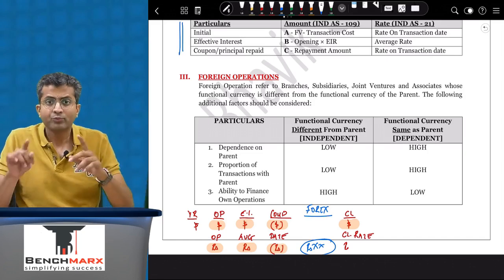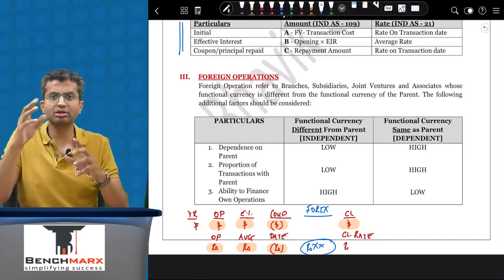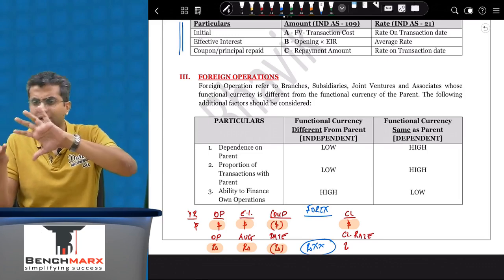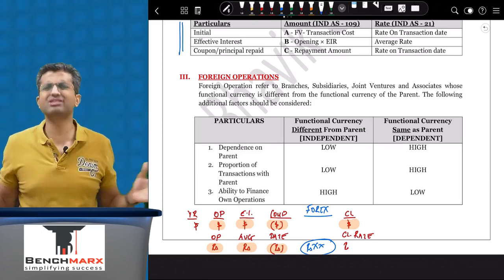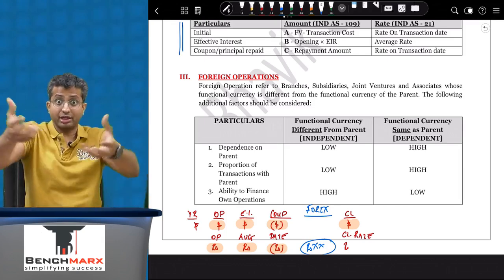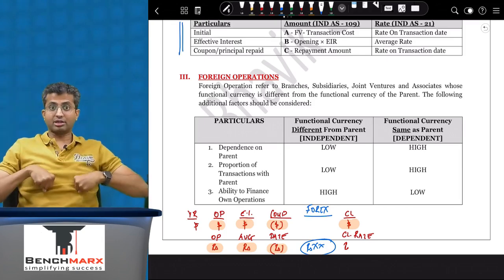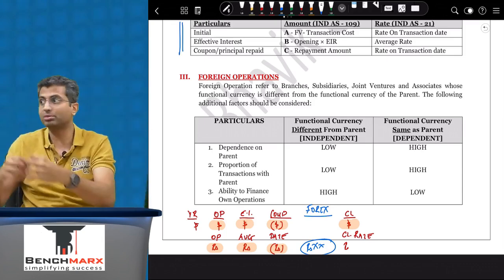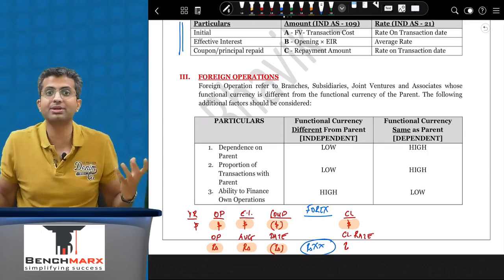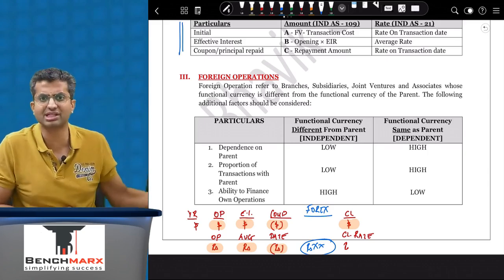And hence, when I translate Jaguar's PP, Jaguar's debtors, Jaguar's loans, this is just a book transfer, because in reality, Jaguar will collect the debtors and not repatriate the money back to India, but use that money from the debtors, let us say, for its further business expansion and for paying its business expenses.